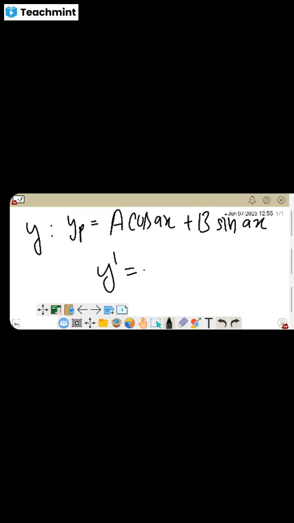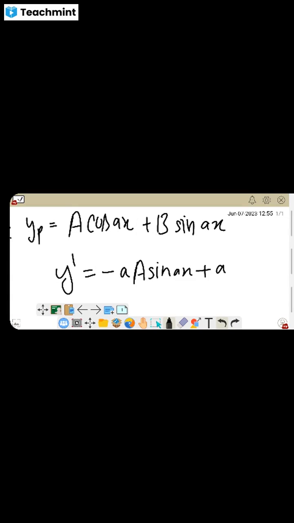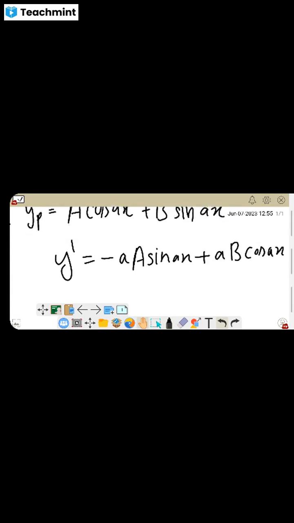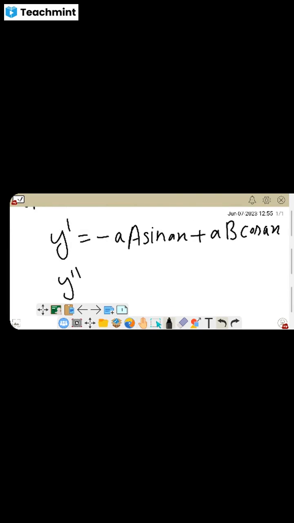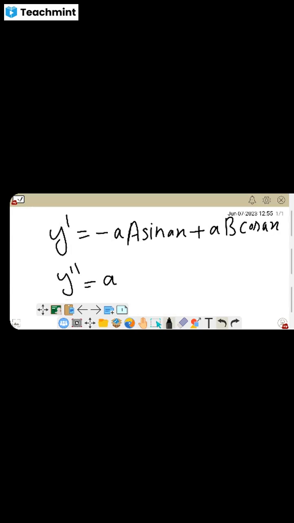Then we'll have minus a sin ax, by using the chain rule, because the differentiation of cos ax gives minus a sin ax. Similarly, we have here a into b cos ax. Now the second order derivative: again differentiate, minus a square into a cos ax minus a square b into sin ax.